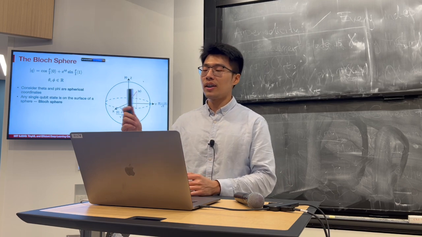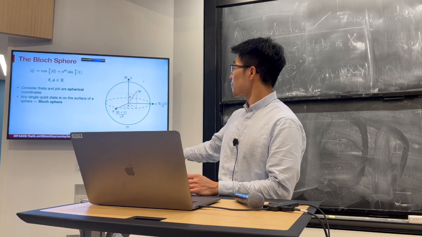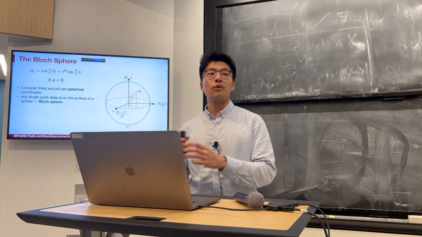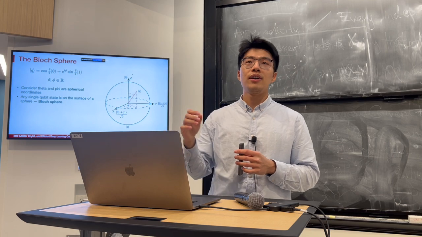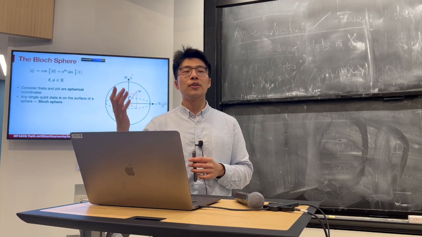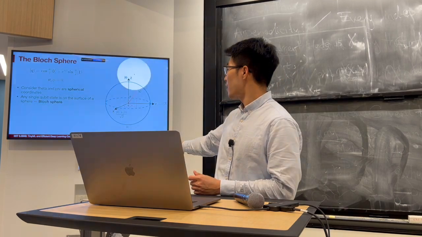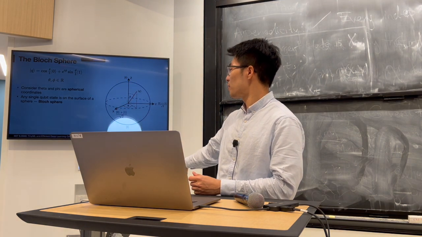For example, the north pole of the Bloch sphere is 0, and if we apply a NOT gate, we flip 0 to 1. That is essentially moving the state from the north pole to the south pole.